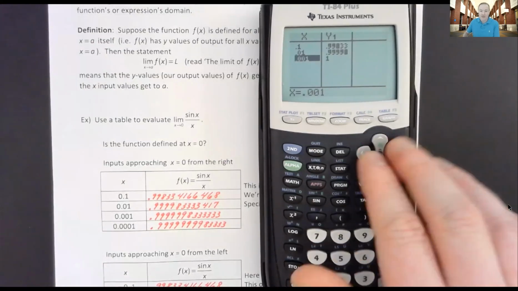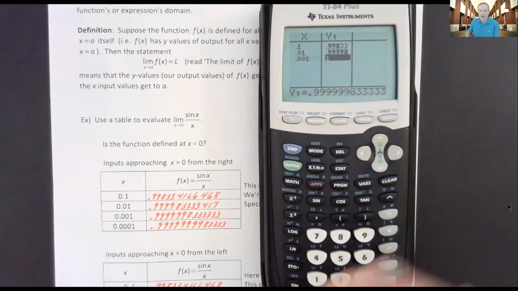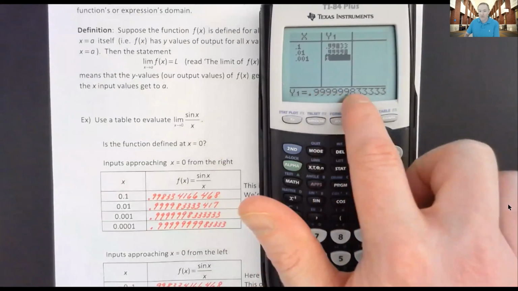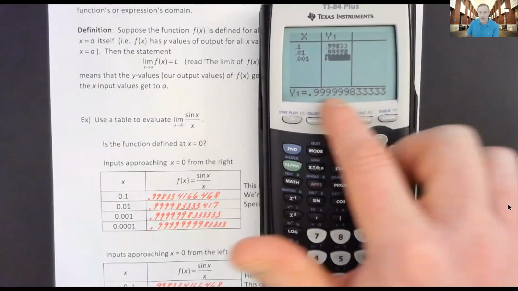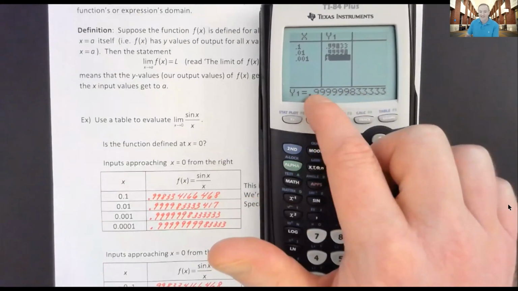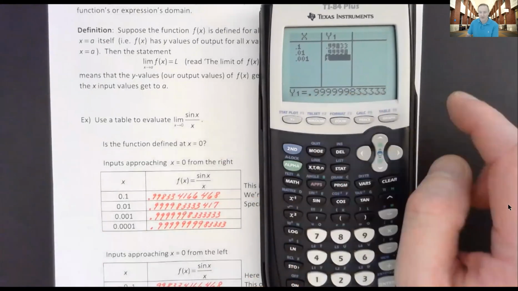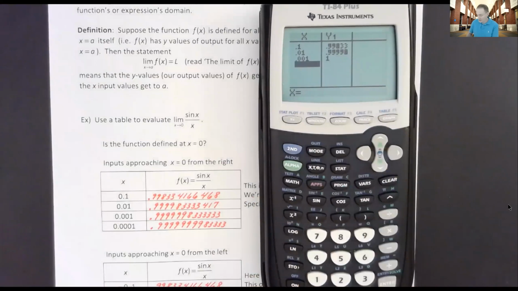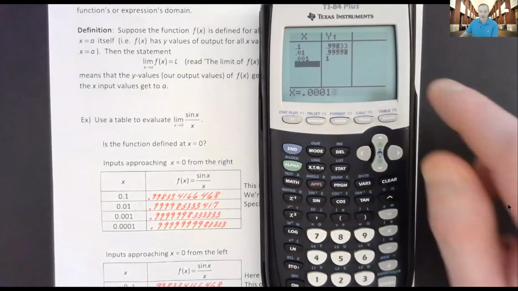And notice the calculator just gives up and says, John, it's 1. Well, it's really not 1. It may be approaching a number of 1, but it never actually hits 1. So we're going to have 0.999 and then the 833. Then if I want to say, well, all right, I already know what the answer would be, but what if I go very, very, very close and only go 1/10,000th of a unit to the right of 0?